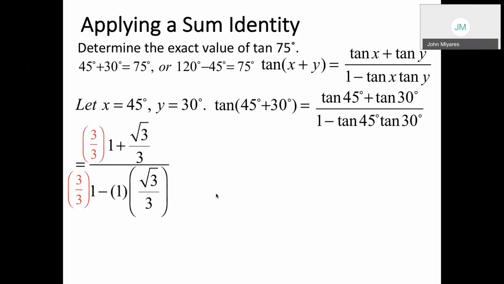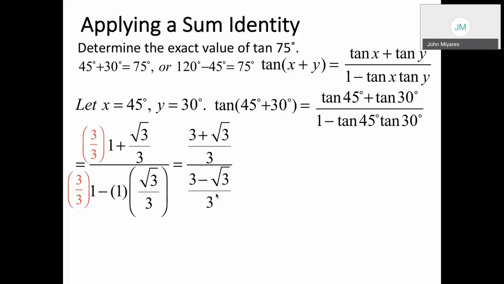Then we can use the common denominators to simplify the expression a bit. In that big numerator, we can get this rewritten as 3 plus the square root of 3 over 3. And in the denominator, you'll get 3 minus the square root of 3 over 3.